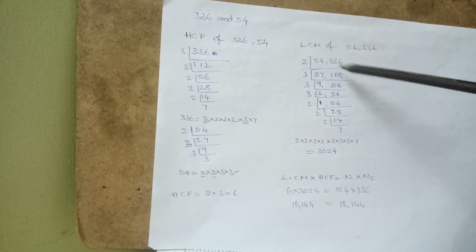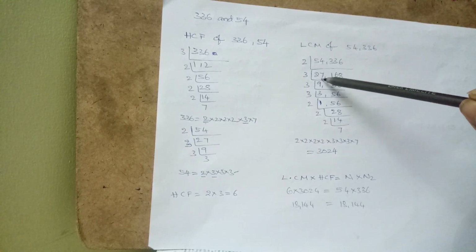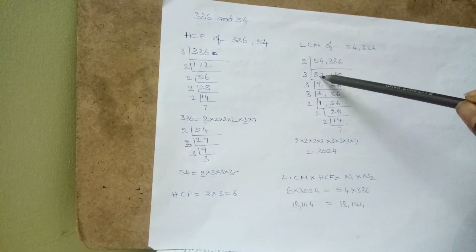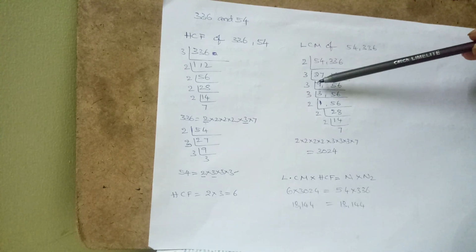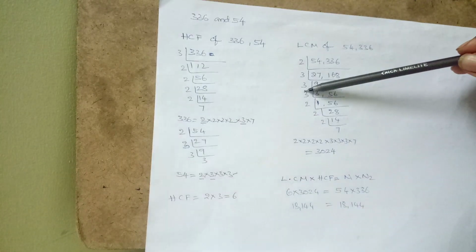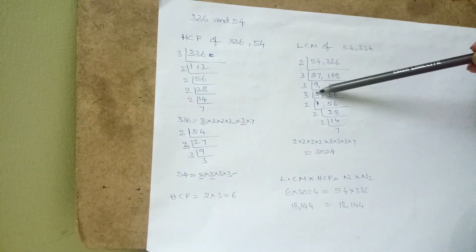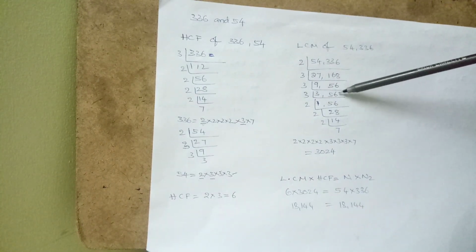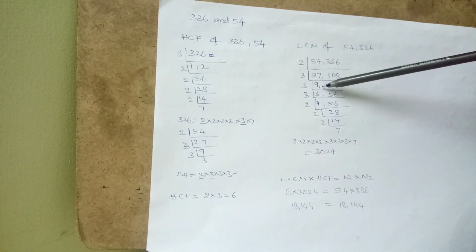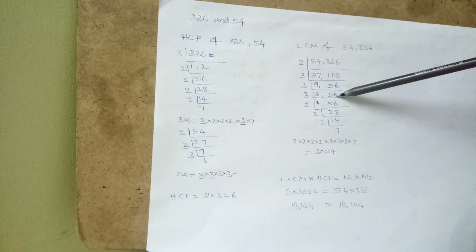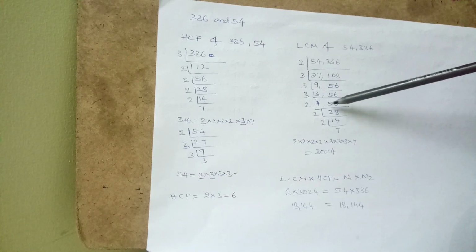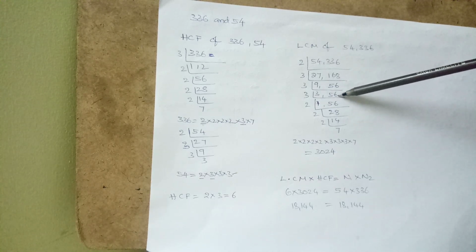Here 3 can cancel. 27, 9, again 3 can cancel, so 3 can cancel in both the numbers. Take 3, divide, and you get 9 and 56. Again 3 can cancel only in 9 but not in 56. So take 3 again.